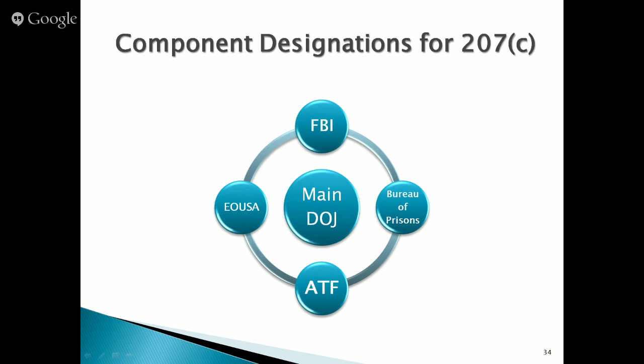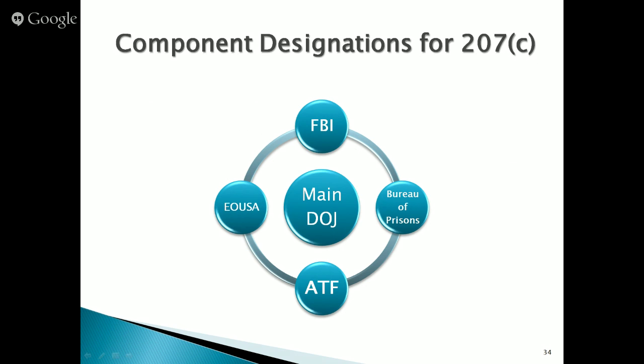Right. So unless a component of the larger department has been designated as separate, if you're an employee of the main component or any component that hasn't been designated as separate, that's still treated as one entity. Exactly. That's why it's the big circle in the middle, because it's containing everything that hasn't otherwise been designated.